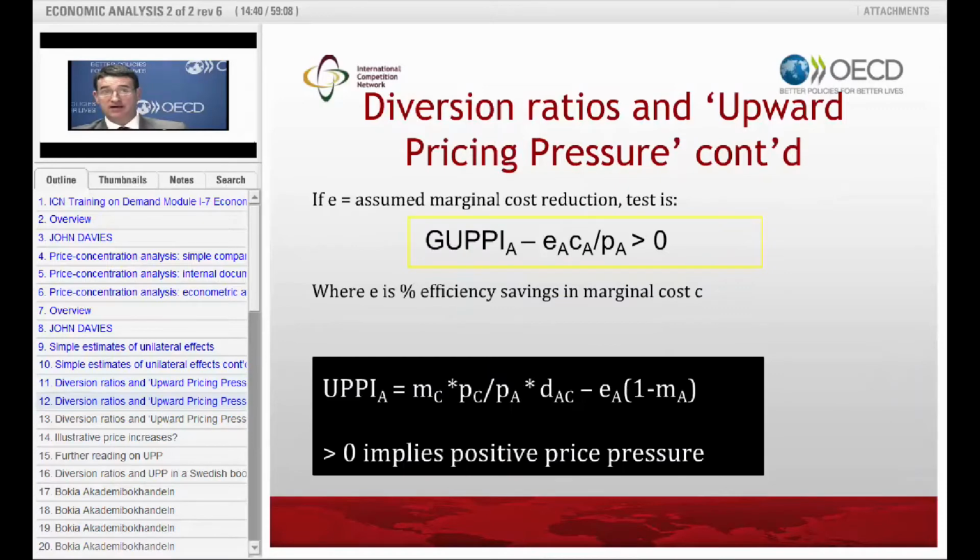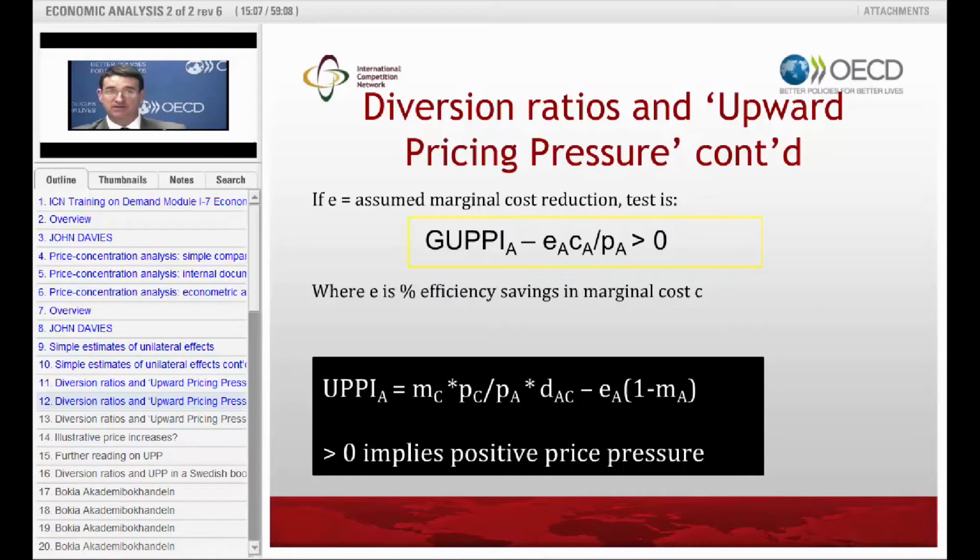The GUPI is only ever going to be positive for prices producing substitutes, but of course we expect mergers to result in cost-saving efficiencies as well. So the overall effect of the merger will be the net upward pricing pressure instead of the gross upward pricing pressure. UPI is the gross upward pricing pressure minus some estimate of efficiency savings.